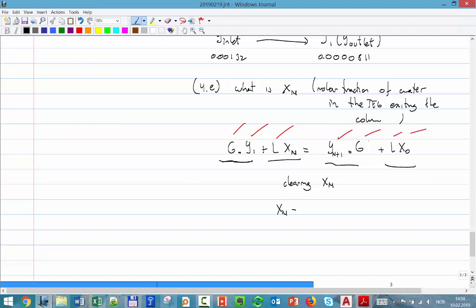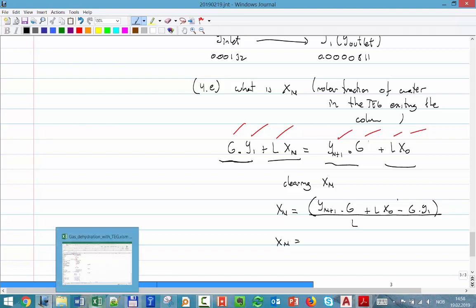And xn will be yn plus 1 times G plus L x0 minus G y1, divided by L. And that gives you, so let's use that equation in Excel, and for that I might need your help.